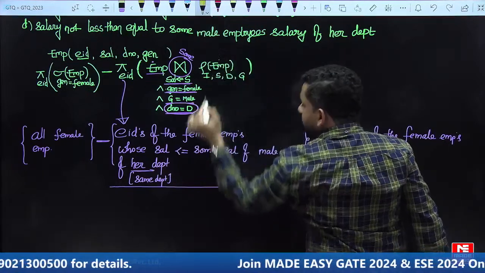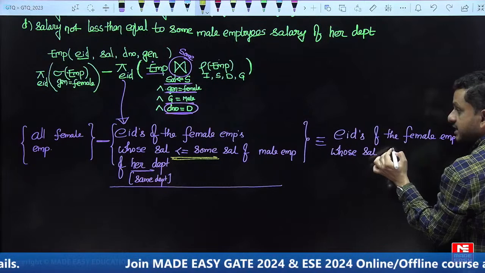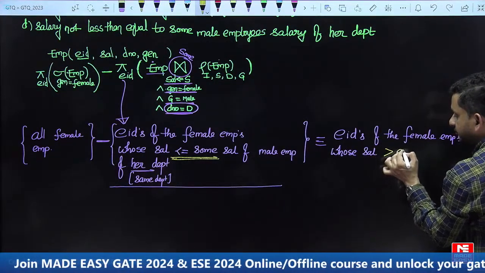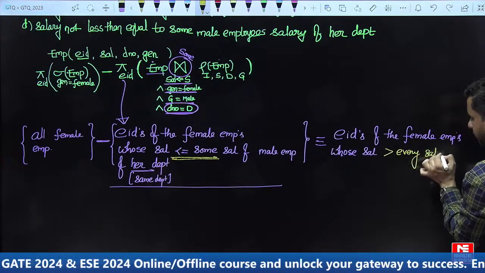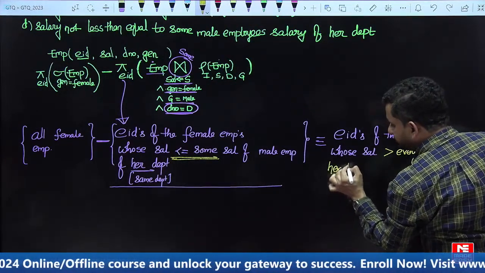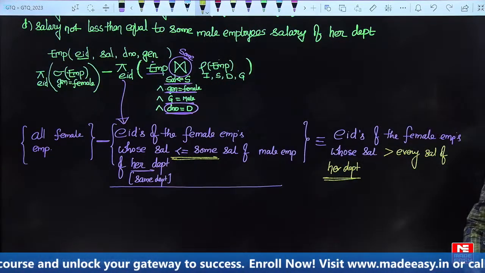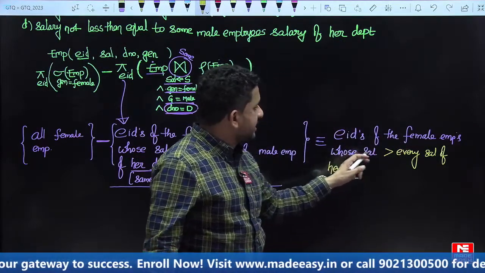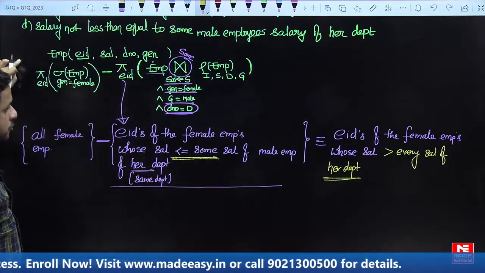Not less than or equal to some means greater than every, the complement. So the result is the EIDs of the females whose salary is greater than every salary of their own department. That is the output of this question.